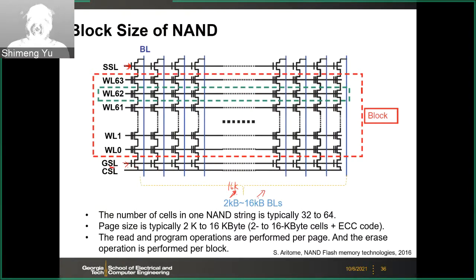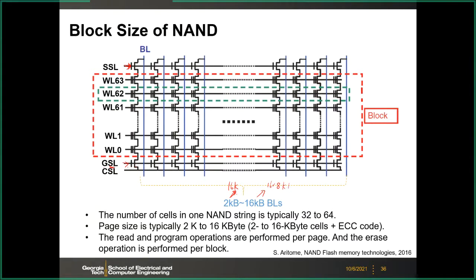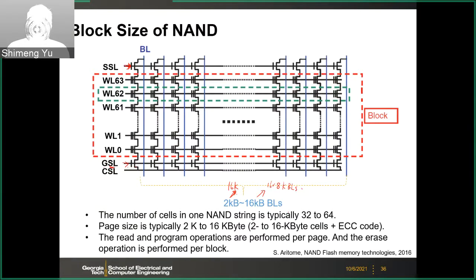But today's NAND flash can be even larger, up to like 16 kilobytes of bit lines. That means 16 times 8 kilo BLs, because the bytes you have to multiply by 8. So you may have like hundreds of kilo bit lines horizontally.